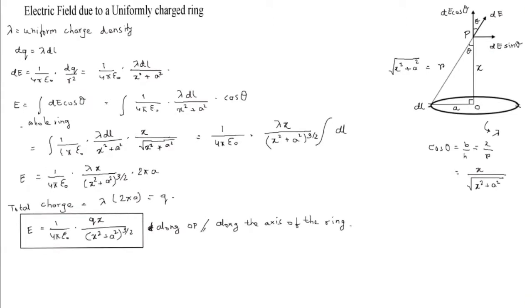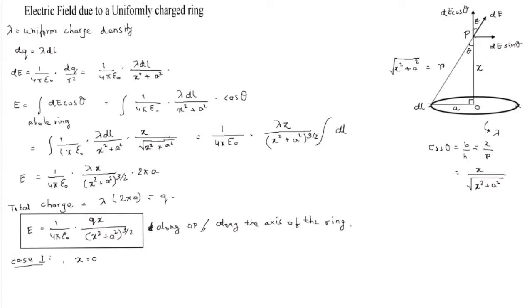Now let us consider two special cases. First is case 1, where x is equal to 0. Now what does that mean? In this case we are trying to calculate the electric field at the center of this ring.